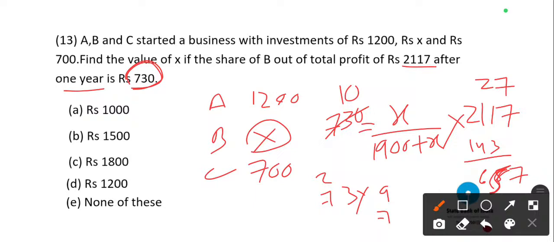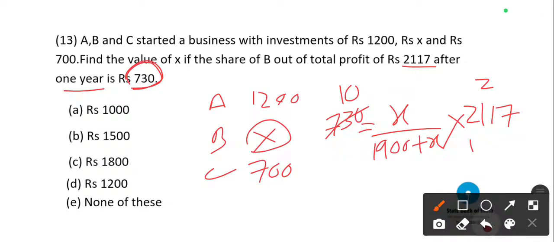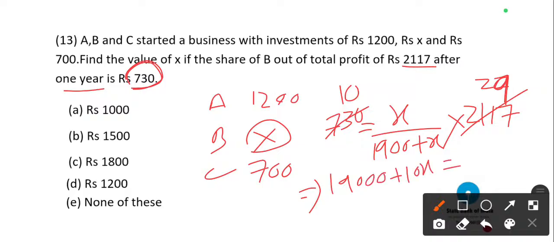So totally what we have is 73 10 times and 27 times, 29 times. So 19,000 plus 10x equals 29x. So 19x equals 19,000. So x value will be 1000. Question asked is find the value of x. So x value will be 1000.